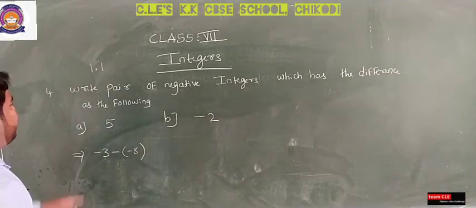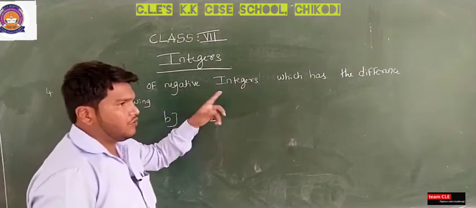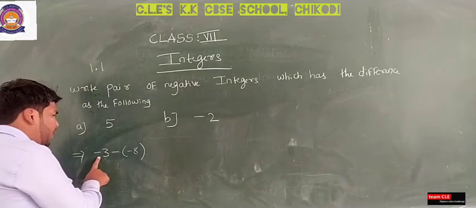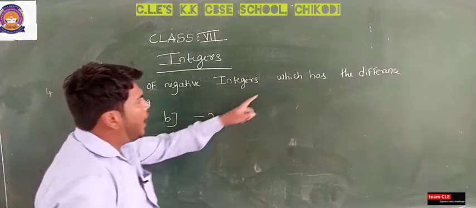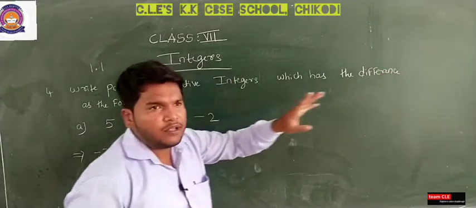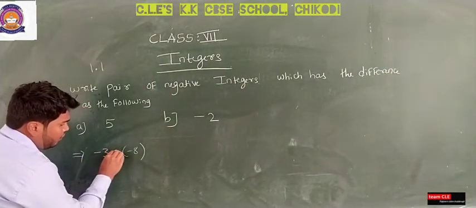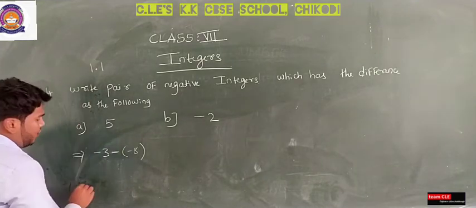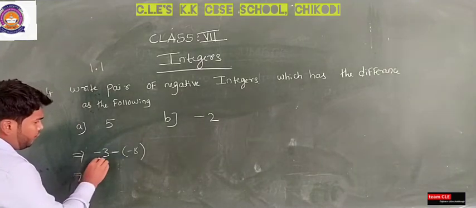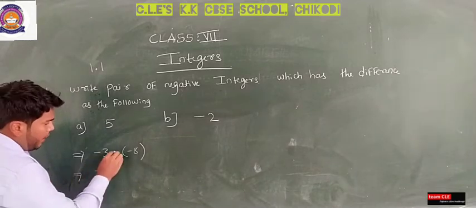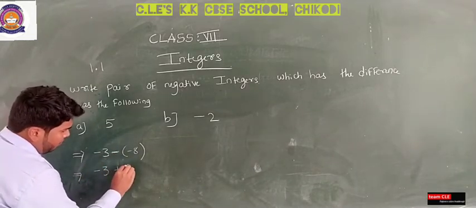Here the question says write a pair of negative integers, which means I have to take two negative integers. The two negative integers I have taken are -3 and -8, and they have the difference. Difference means you have to use a subtraction operation. Now if you see this, -3 as it is, minus into minus is plus 8.